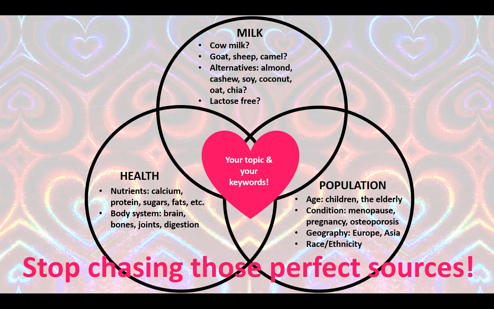Finding perfect sources is not what research is about. What do I mean? Well, research is about finding not perfect, but relevant sources, and then analyzing them and drawing your own conclusions from them to answer research questions.